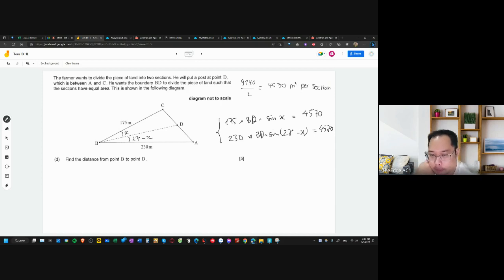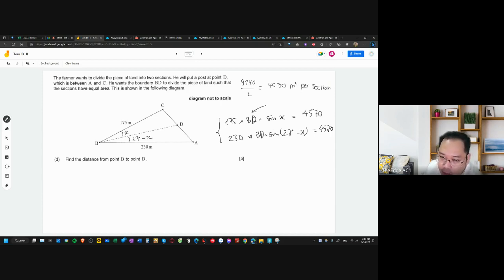So with this system of two equations, we can find BD by taking BD from one equation and substituting it into the second equation, and then solve the equation using the calculator.